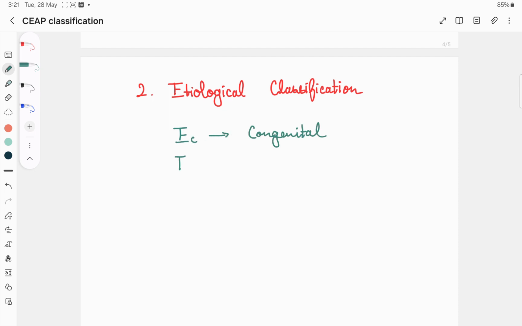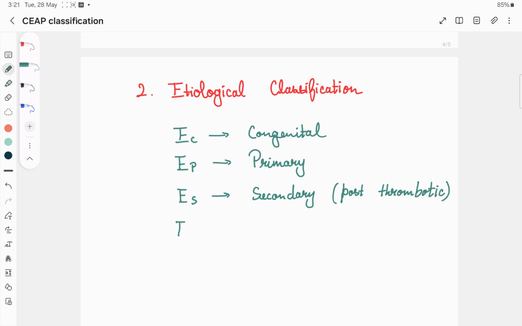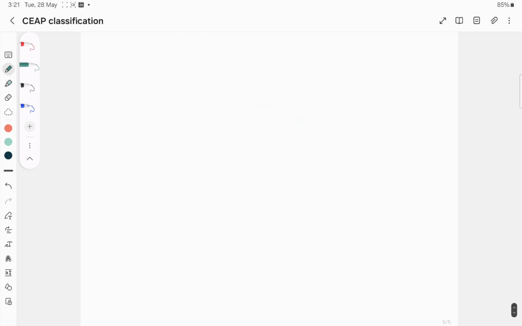EC is congenital, EP is primary, ES is secondary, and post-thrombotic, and EN is no cause identified.